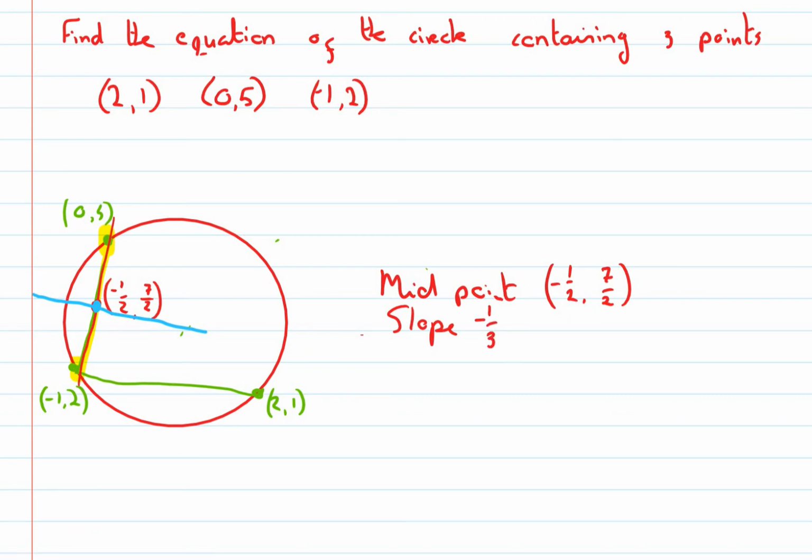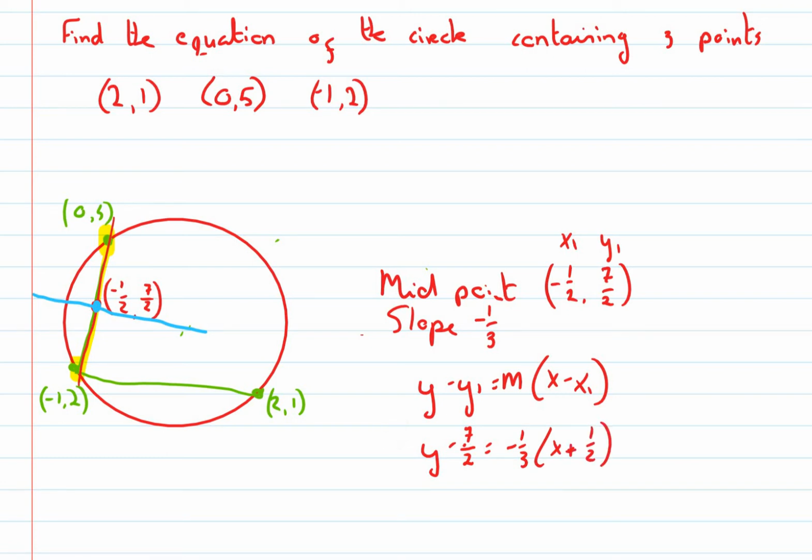And now I have enough information to get the equation of this blue line. Use the equation formula, y minus y1 equals m times x minus x1. We'll call this x1, we'll call that y1. y minus y1 is 7/2 equals m, which is -1/3, and then x minus x1, which is minus 1/2, so it's plus 1/2.